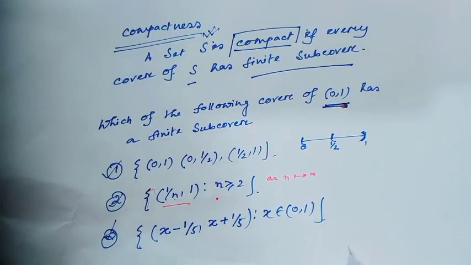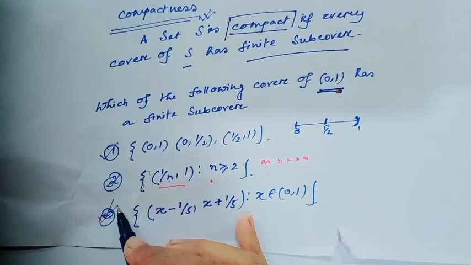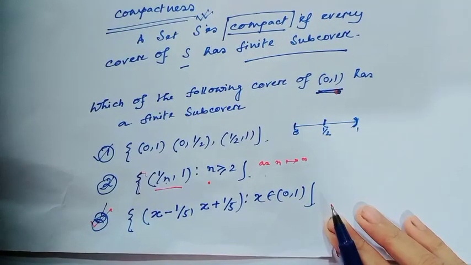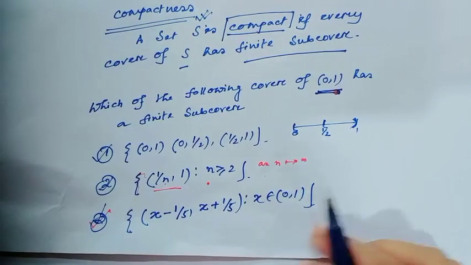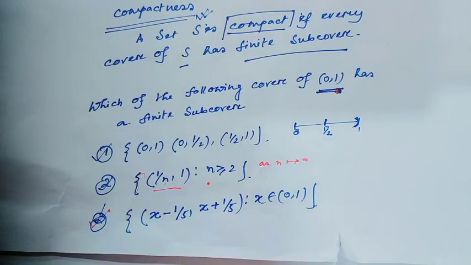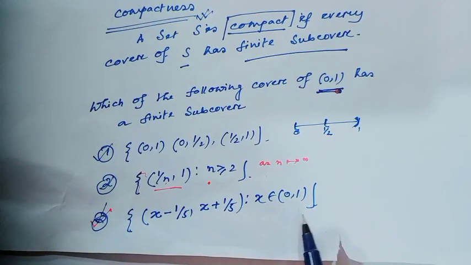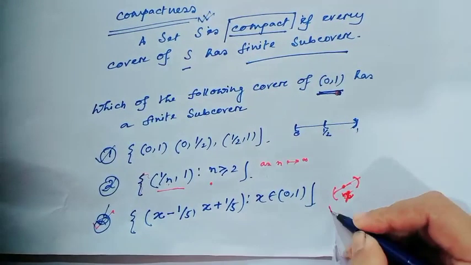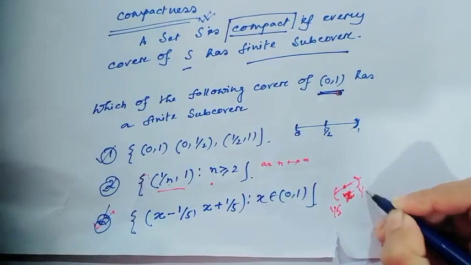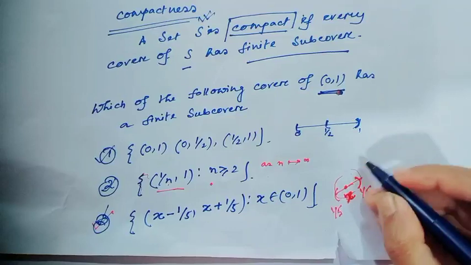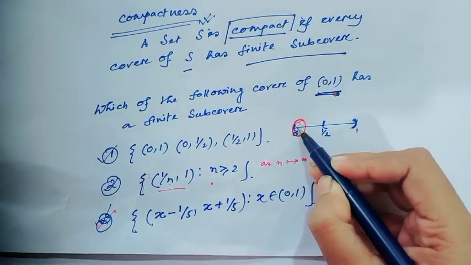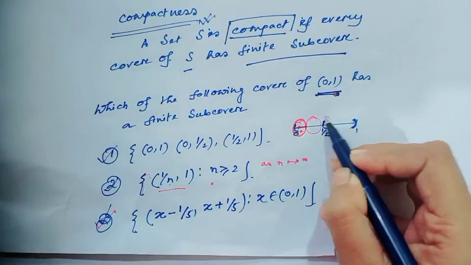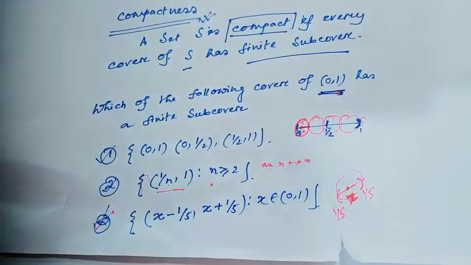Have you understood? But notice option 3, here I have considered (x-1/5, x+1/5) where x lies in the open interval (0, 1). Have you understood this set? Here x is the center and the radius is 1/5. That means the ball looks like: center x and radius 1/5. Such a ball has a fixed radius.